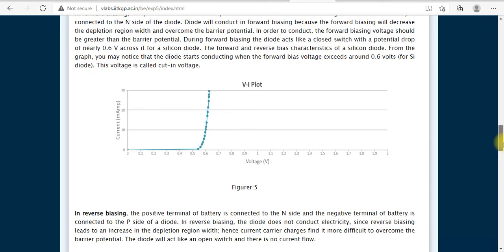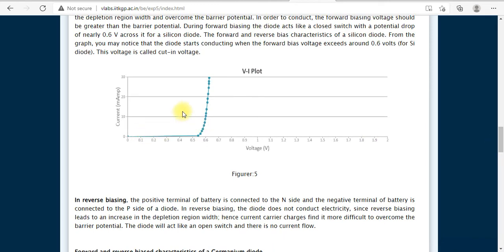What is the forward direction of biasing? When we apply the forward voltage, initially there will be less current, as no electrons are flowing. After some point, between 0.5 and 0.6 volt, there will be a small rise, and after 0.6 volt the current is flowing.